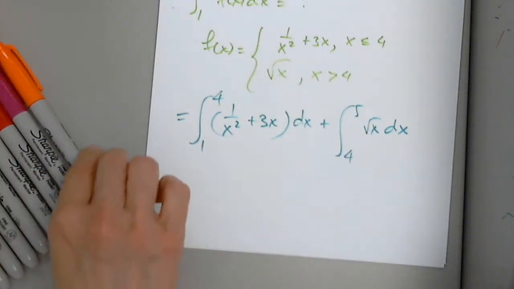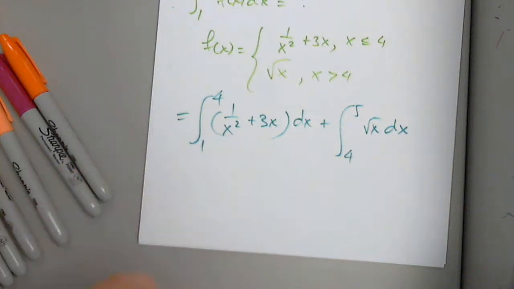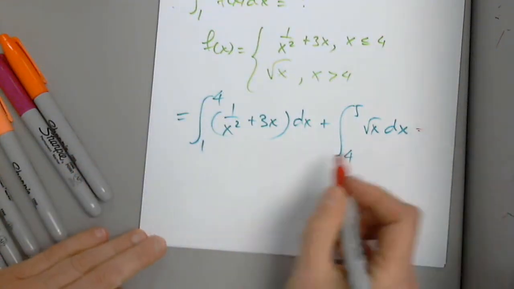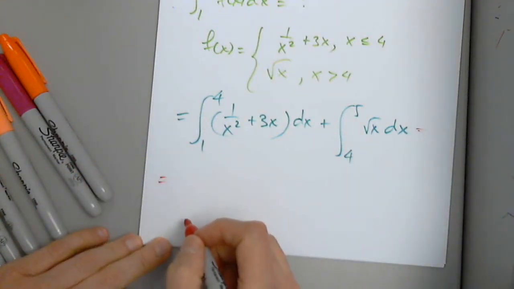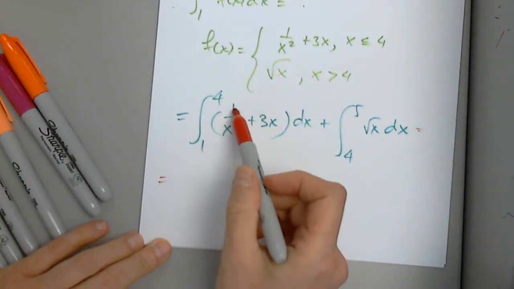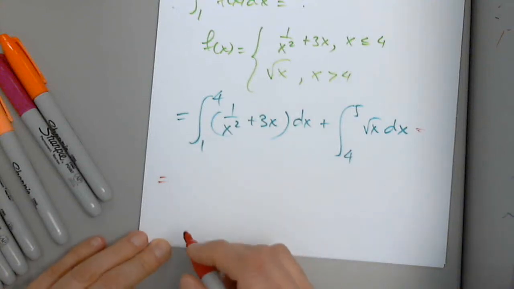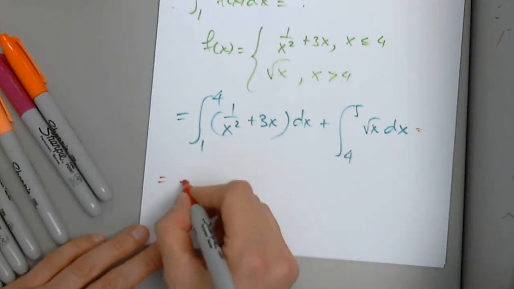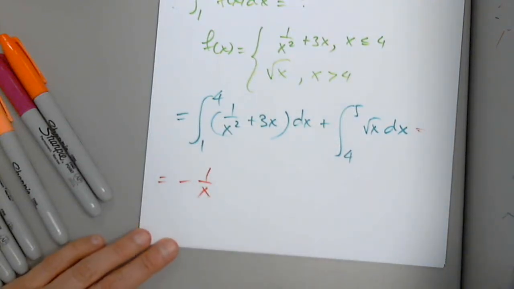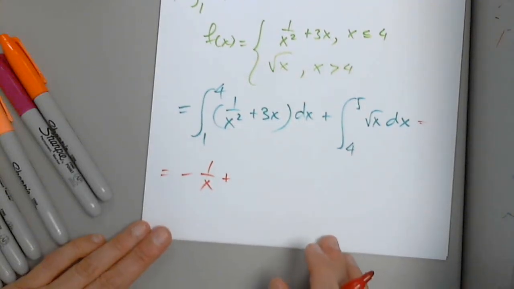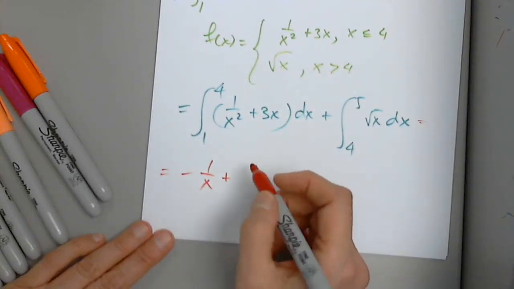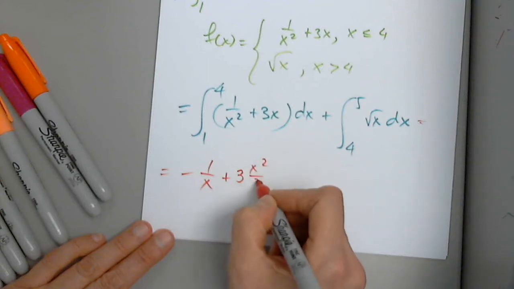Okay, so can anyone give us the antiderivative of this? This is a very popular one from the very beginning when we talked about formulas. I said, please remember this one. Excellent, well done. Plus 3x squared over 4, very good.